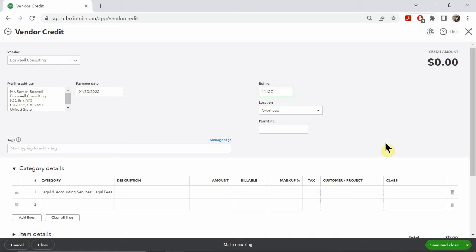Yes, you can put the discounted amount in your bill if you know that you're going to pay them the very next day, so you're guaranteed that discount. That way, you don't need to put in the discount there.